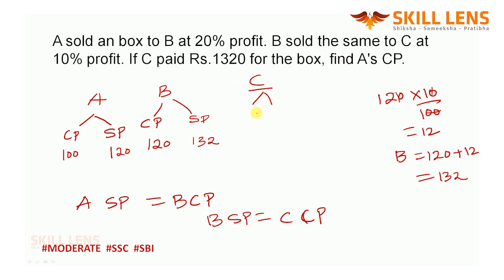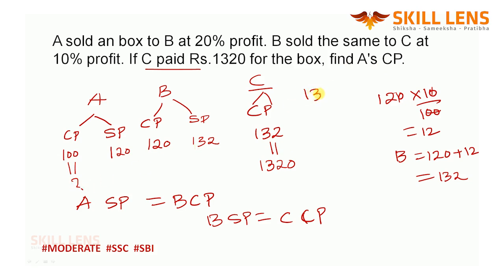C's cost price is going to be 132. But according to our question, C paid how many rupees? 1320. So this is equal to 1320. Then what is your question? Find A's cost price. A's cost price is equal to how much?